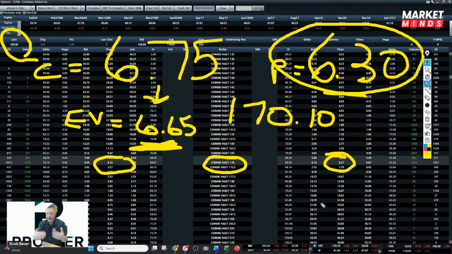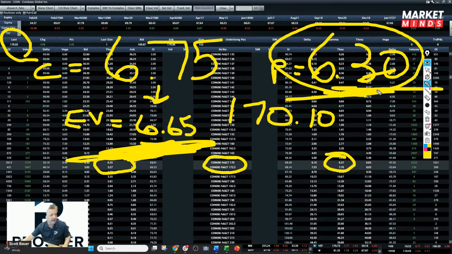So just by looking at the extrinsic value, we can see, all else being equal, this call is more expensive than this put. It's more expensive by 35 cents.